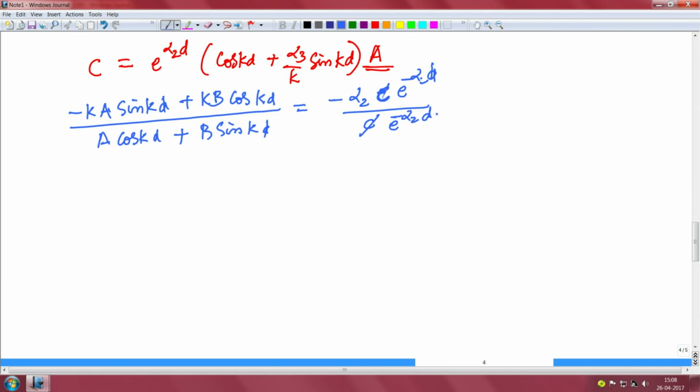So, we can cancel out all the common factors and only alpha 2 remains here, and also we replace b with its value in terms of a.